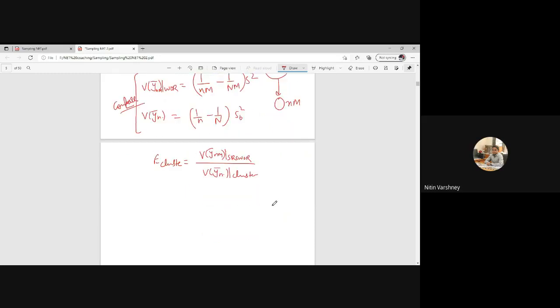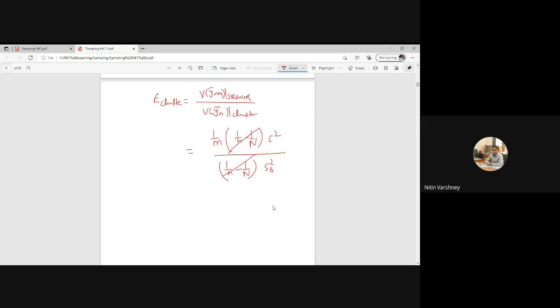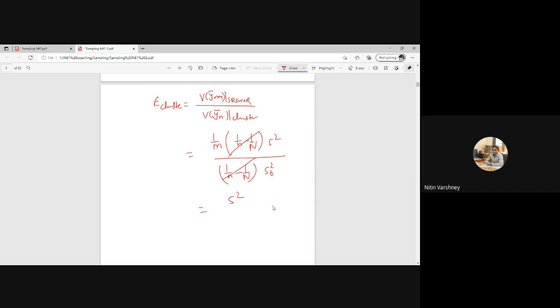So we will get 1 upon m, 1 upon n minus 1 upon capital N S square, upon 1 upon n minus 1 upon capital N SB square. This will cancel out, so we will remain with S square upon m SB square.